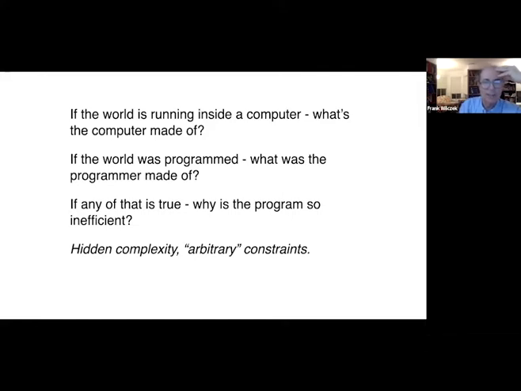Hidden complexity is useless. Also, it has a lot of constraints that from the point of view of programming seem quite arbitrary. In computer programs and computer games, it's quite possible to move through time backwards, to relive things, to have effects on objects that are very far away.